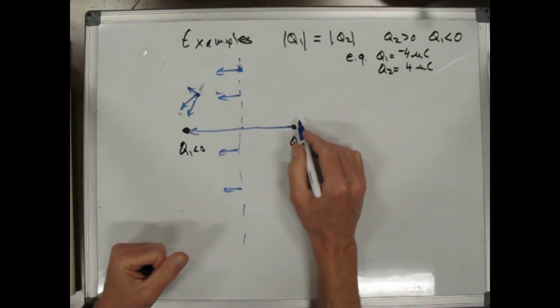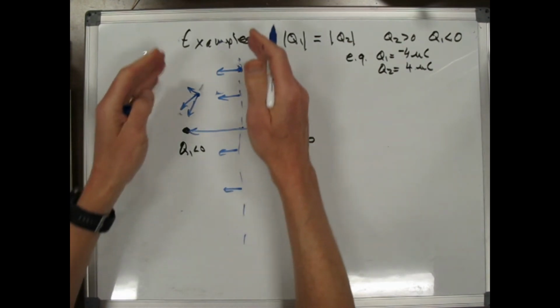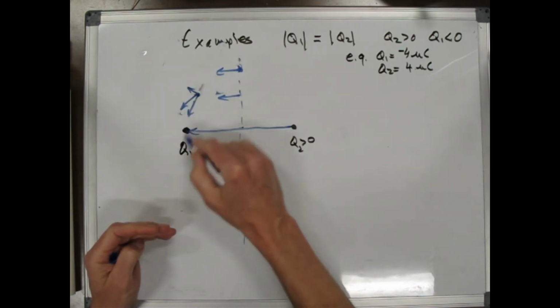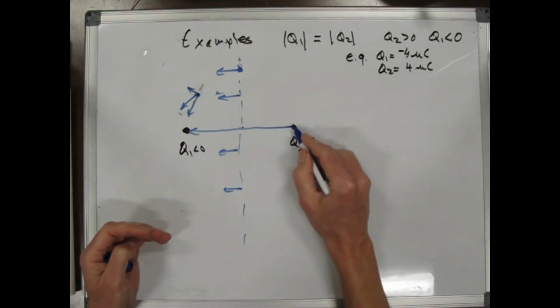So at these points I see this, and so what I see is, instead of just radial lines going in towards this guy and out from this guy, I see lines that get bent.